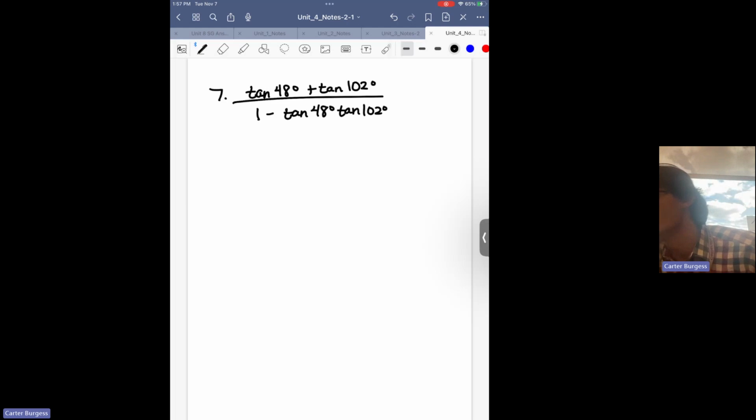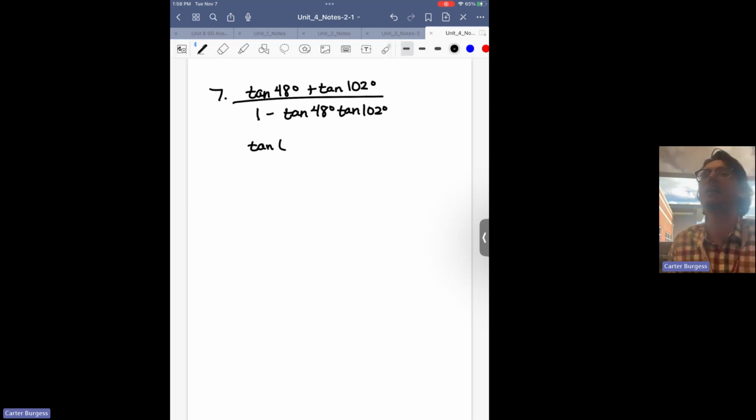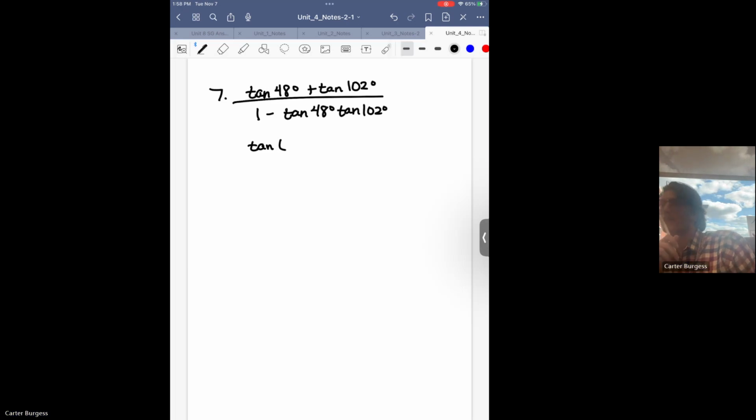First and foremost, which function is this going to collapse into? Is it going to be sine, cosine, or tangent? Tangent is kind of a nice gimme in that it only uses tangent. So this is going to be tangent, and this is either going to be tangent of 48 plus 102 or tangent of 48 minus 102. Which one is it going to be? Plus, and how do you know that?